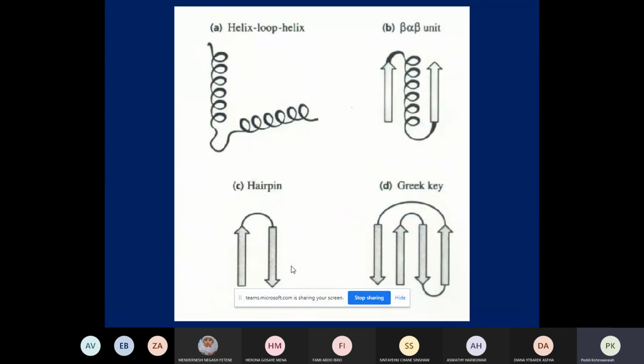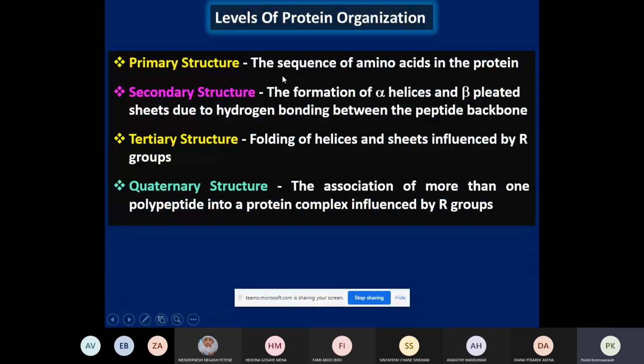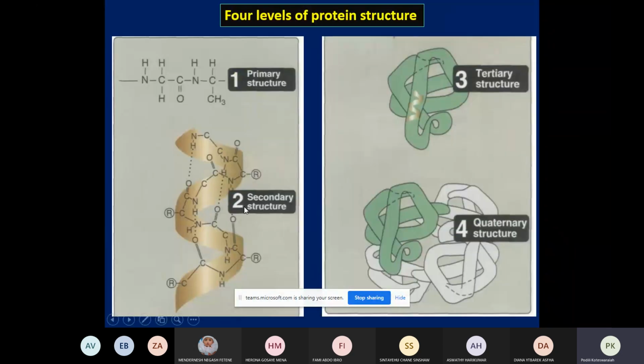And so in brief, the primary structure refers to the sequence of amino acids present in a polypeptide chain, and the secondary structure refers to the folding of the linear polypeptide chain, and the tertiary structure refers to the folding of the polypeptide chain influenced by the R groups into the three-dimensional shape, and the quaternary structure refers to the association of one or more polypeptide subunits.